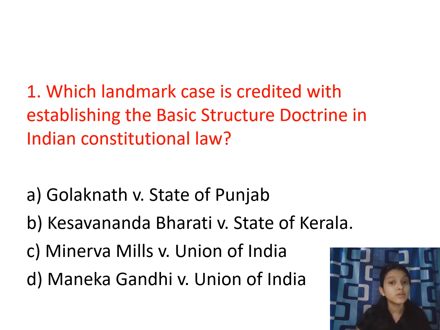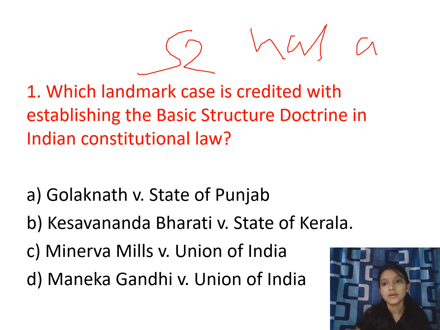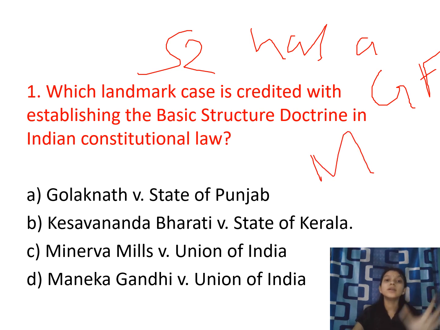There was a statement that I have written, that is, "As has a girlfriend called Minerva," and on that basis we can serially remember the case laws. Here A stands for Sankari Prasad, S for Sajjan Singh, and 'has' is just there to form the sentence.